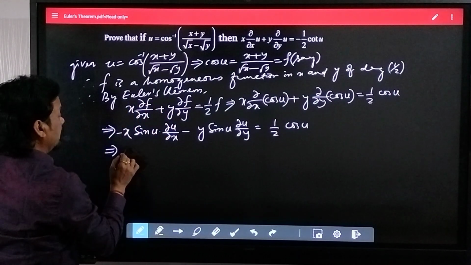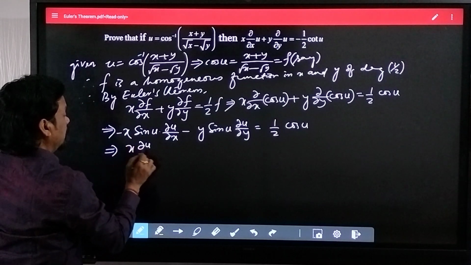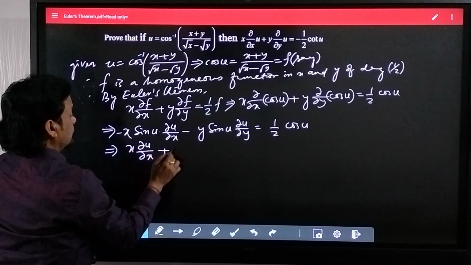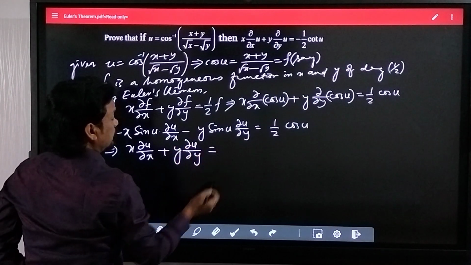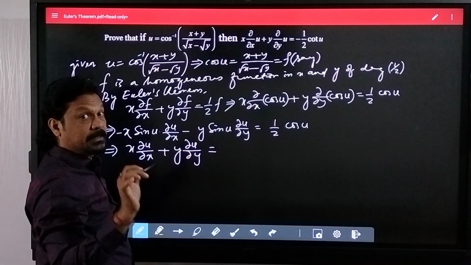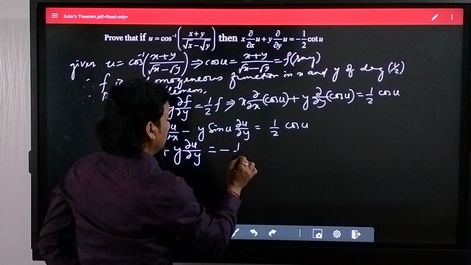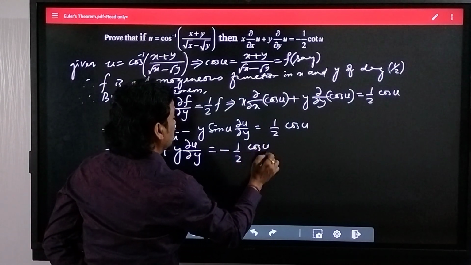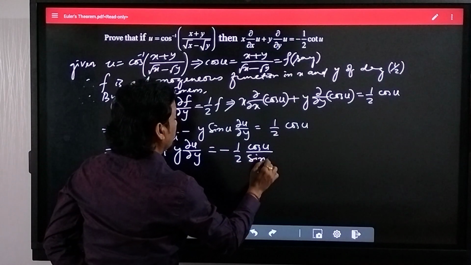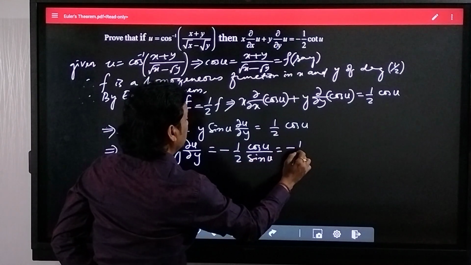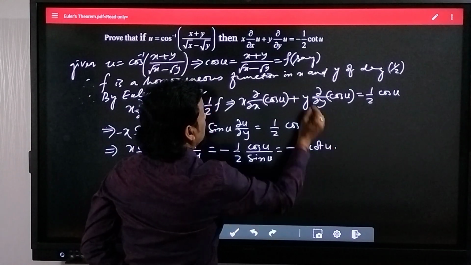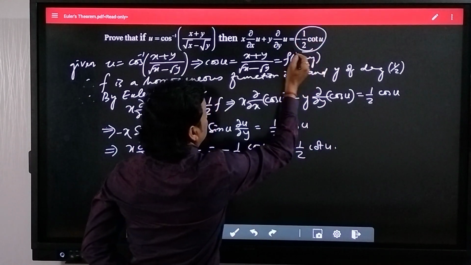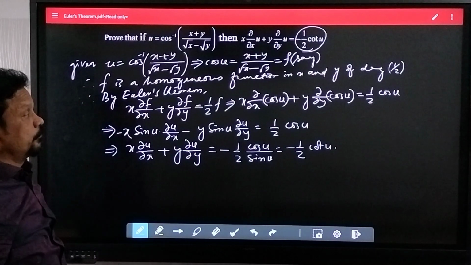So minus cancels out, sin u cancels, remain x into del u by del x plus y into del u by del y is equal to, dividing by minus sin u, minus half cos u divided by sin u, it becomes minus 1 by 2 into cos u by sin u, it is cot u. So minus half cot u. It is the required answer.